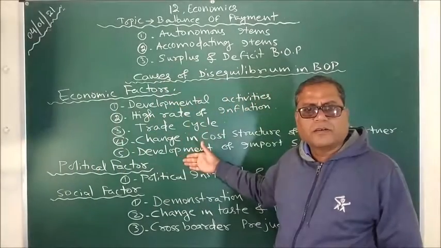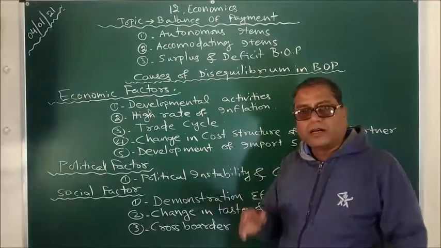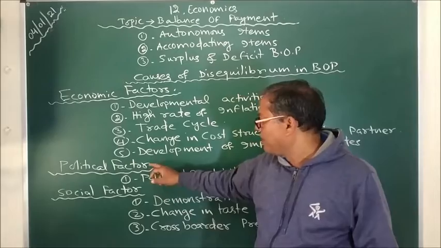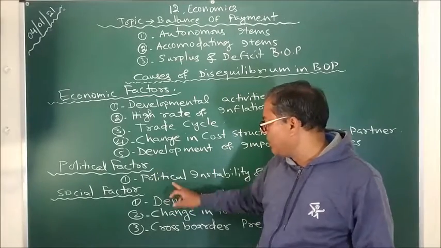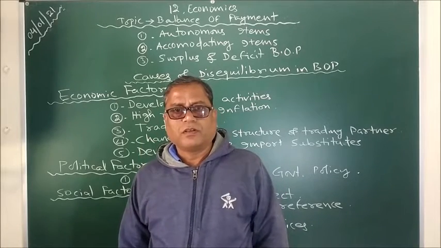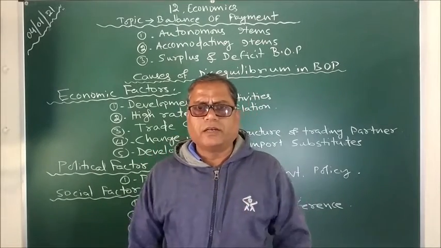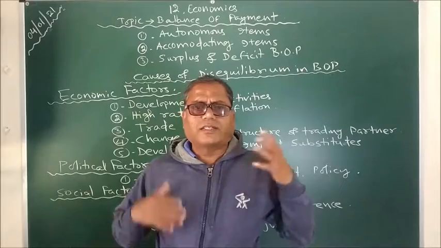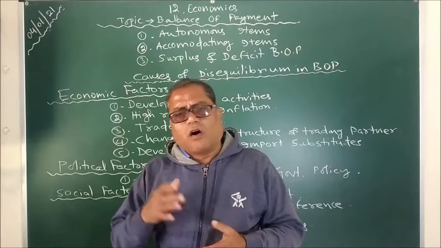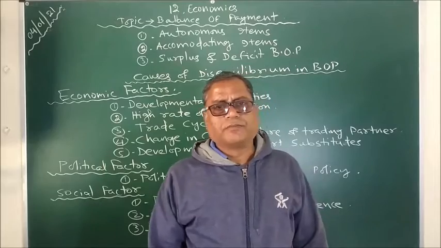So all these are economic factors that affect the BOP status, and that's why there is a disequilibrium in the balance of payment statement. Next, come to political factors. The first one is political instability. What is political instability? When there is no absolute majority of the government, or when factors like terrorism and internal war happen in a country, the government becomes destabilized.